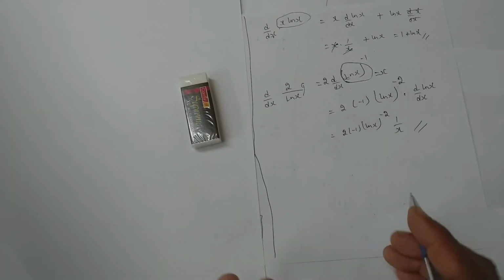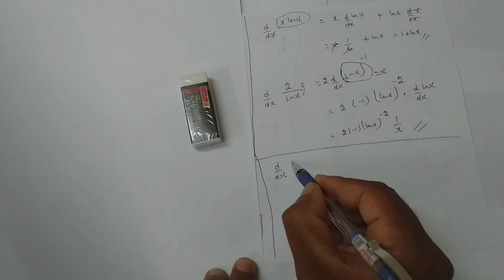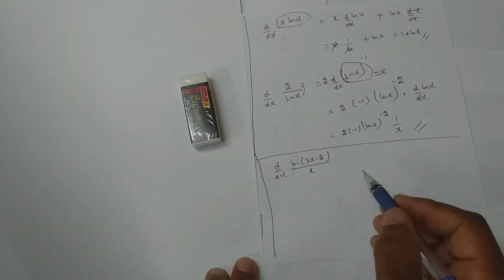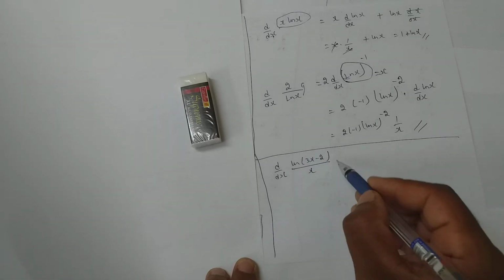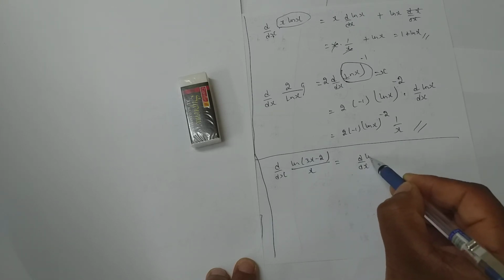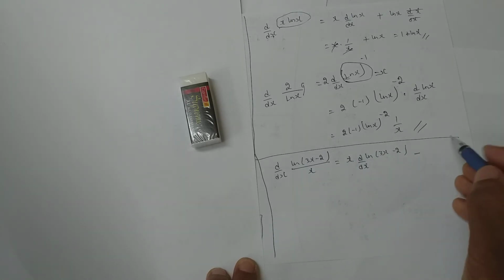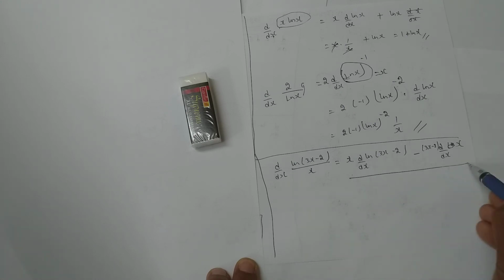Clear? Now one more example. If it is d by dx of ln 3x minus 2 by x, how do you do it? It's a fraction. So the catch is the u by v rule. The u by v rule is differentiate one at a time with a negative sign. So it is d by dx of numerator first, 3x minus 2, into x, minus d by dx of x, and here 3x minus 2, by denominator square, is your u by v rule.